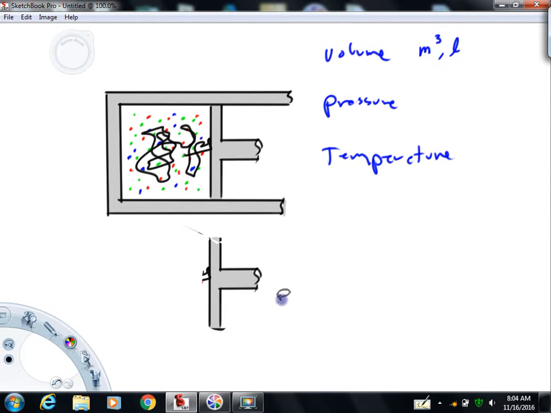Every time a molecule hits this piston, the molecule rebounds and the molecule's momentum changes. And that's because there's an impulse exerted between the molecule and this wall.